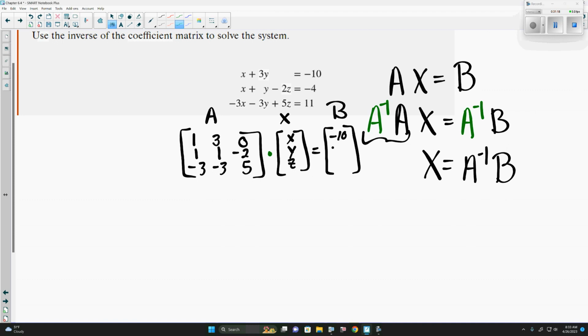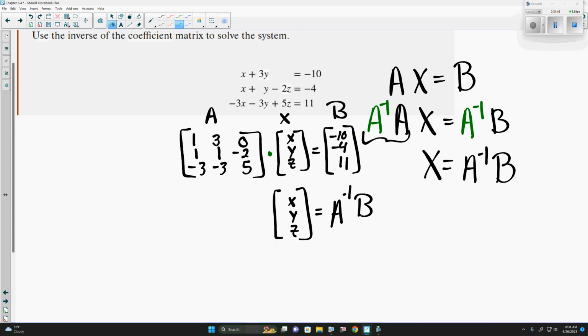So negative 10, negative 4, and 11. Now, if we multiply A's inverse by this matrix B, we will get the solution. So that first main step is going to be to find the inverse.